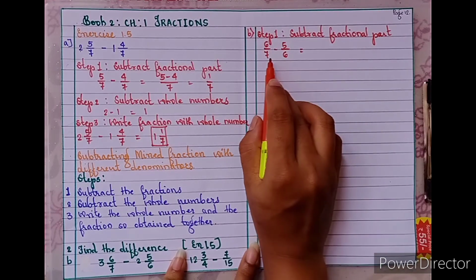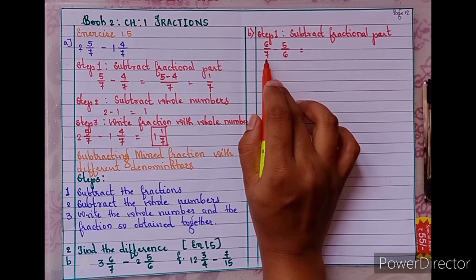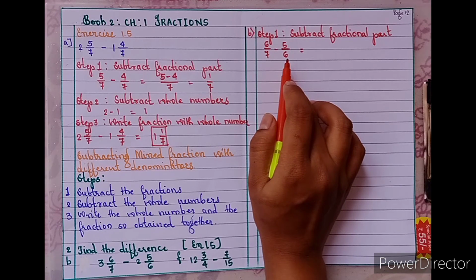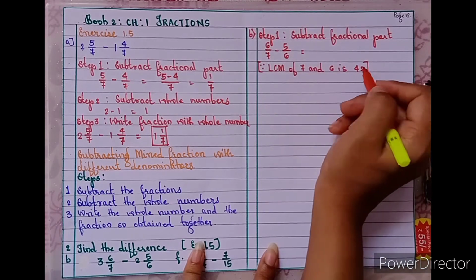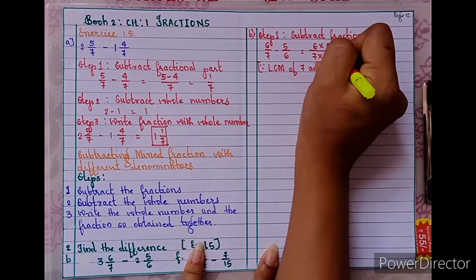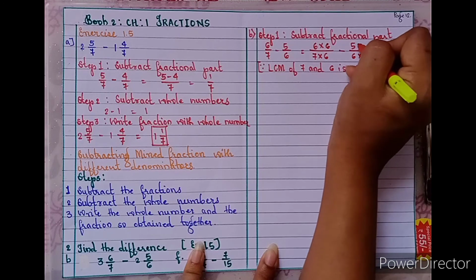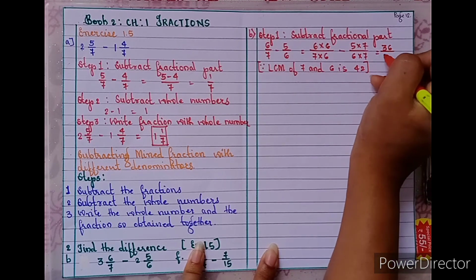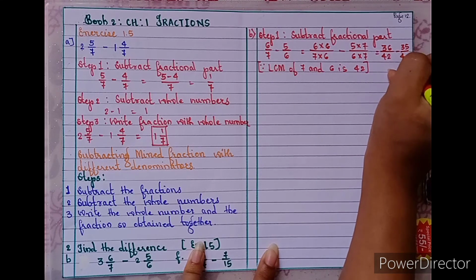Now the denominators are 7 and 6, where 6 is a composite number and 7 is a prime number. So the product of both numbers gives the LCM. Therefore the LCM of 7 and 6 is 42. Let's make the denominators of both fractions 42. 6 into 6 minus 7 into 5, that equals 36 divided by 42 minus 35 divided by 42.